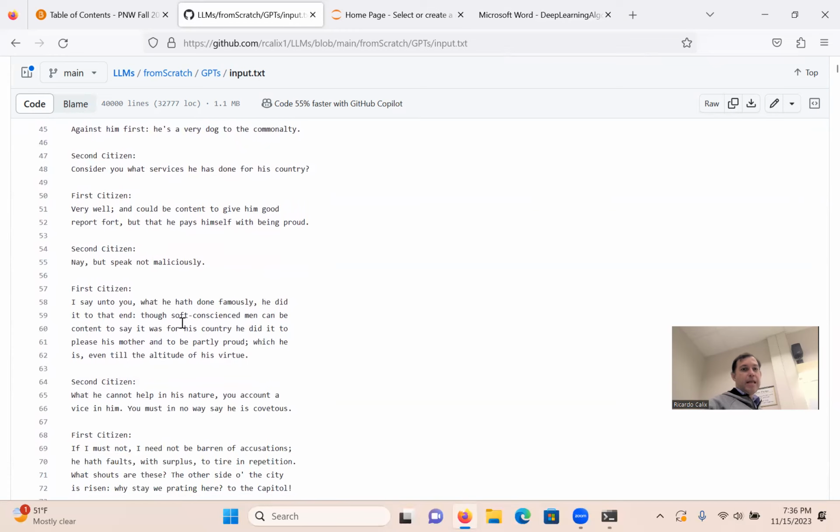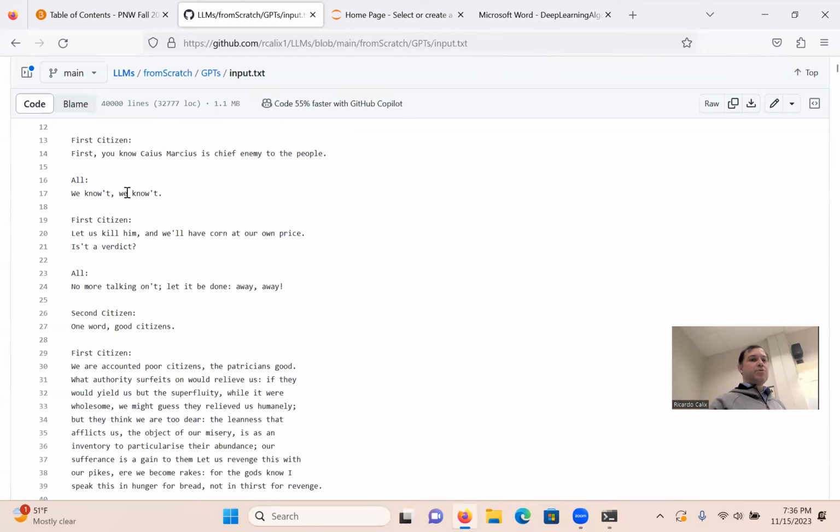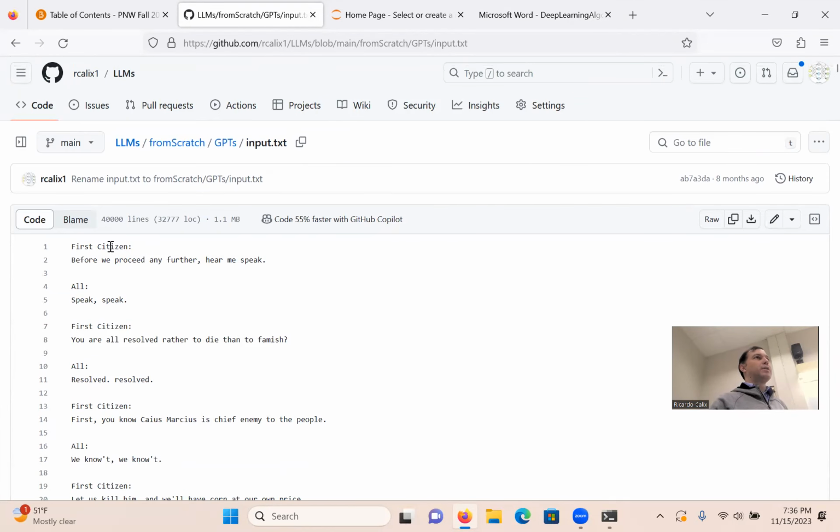Nay, but speak not maliciously. There you go. That's a good example of Shakespeare verse, right? Notice also that it shows the speaker, colon, and it speaks. Other speaker, colon, and it speaks. So there's some additional structure in there. This is the training data.